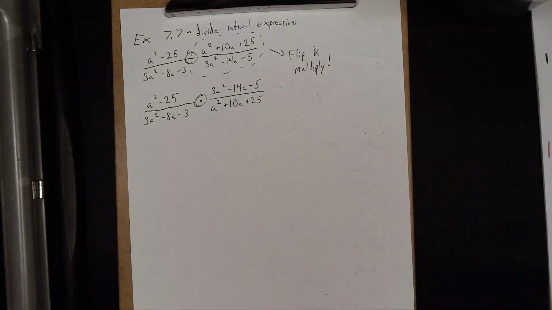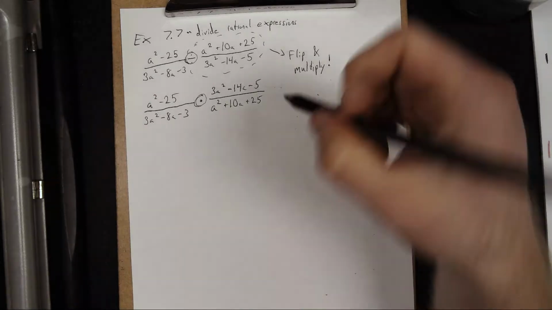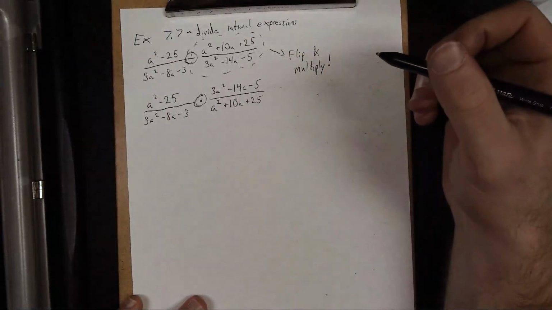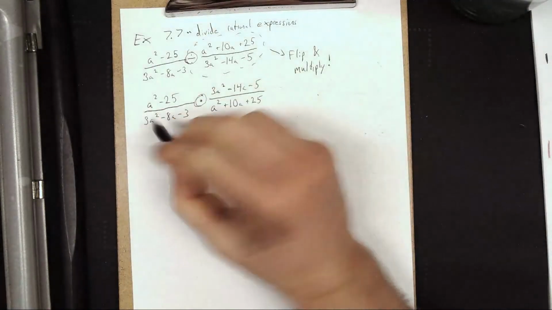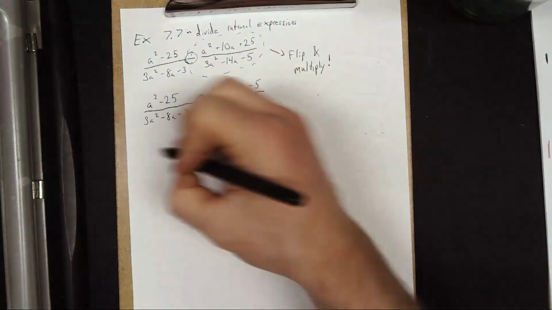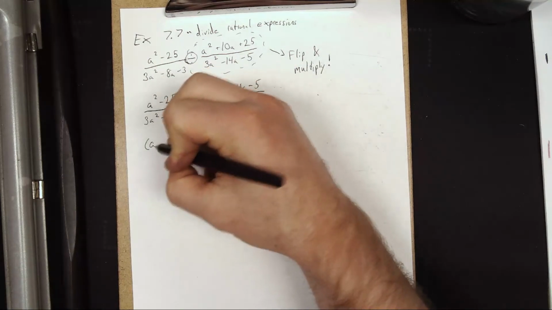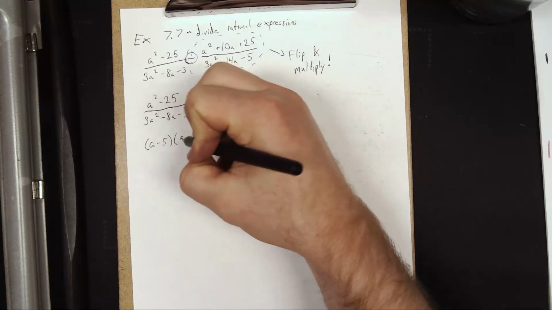All right, now it's something we know how to solve. So we're going to go ahead and factor a bunch of stuff. Let's start with the easy stuff. a squared minus 25 is going to factor to be a minus 5, a plus 5.